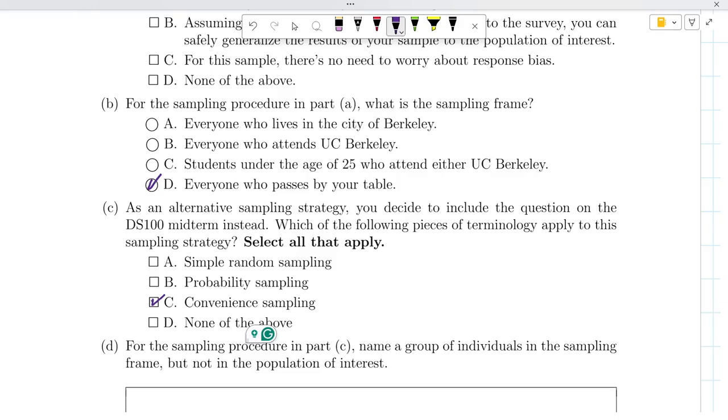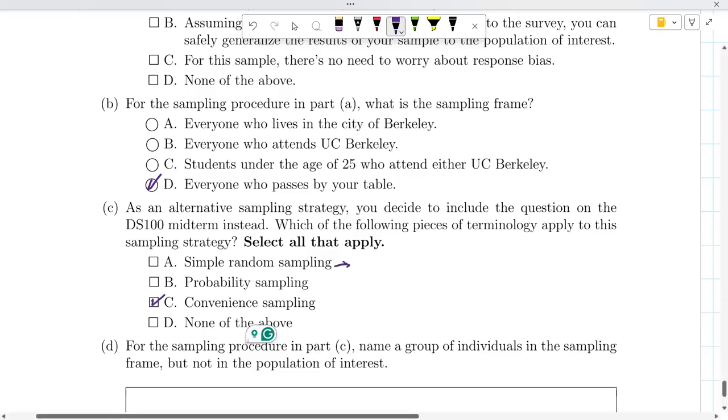What the solution says is that this is a simple random sampling because the sample is sampled uniformly at random, where each individual or group of individuals have the same probability of being chosen. And this is because we're assuming that everyone enrolled in this course answers every question of the midterm, so the probability that someone is sampled to answer the question within our sampling frame is 100%.